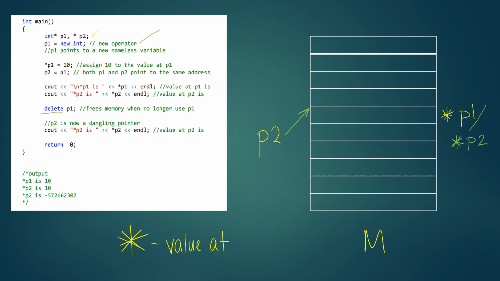So this memory becomes part of the free store, and now P2 does not point anywhere. And that's called a dangling pointer. So now P2 has become a dangling pointer, and if you try to print the value at P2, you're going to get some weird value because P2 now no longer points anywhere.